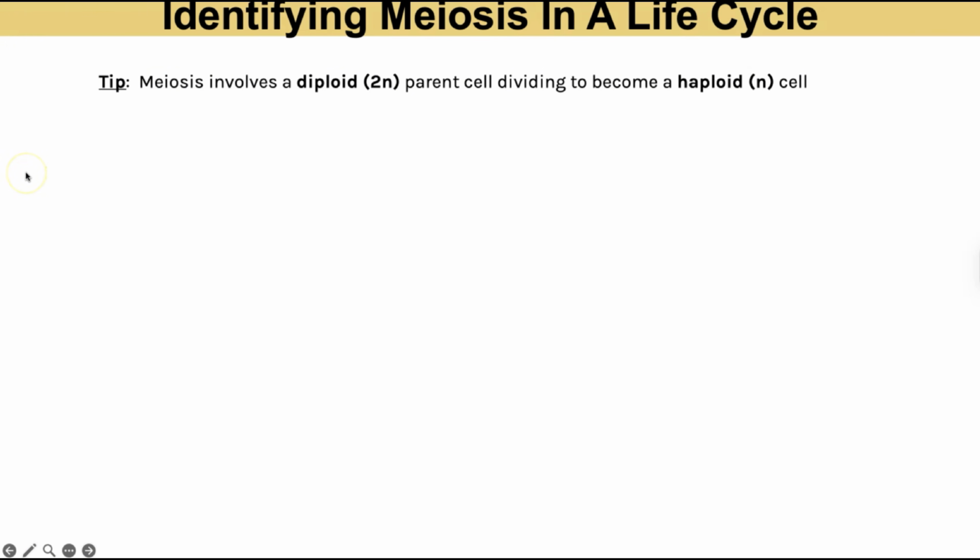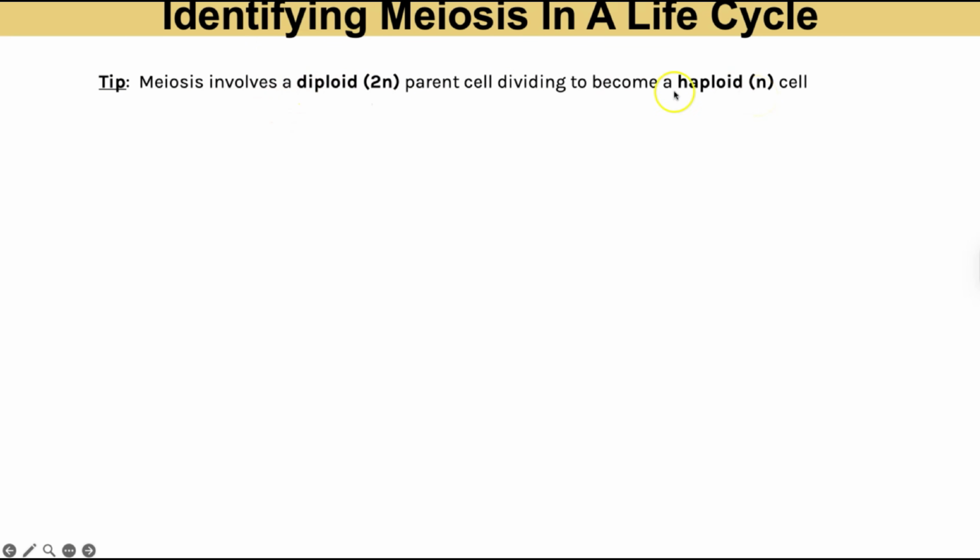You could also be asked to identify where meiosis is happening within an unfamiliar life cycle. And the key thing here is don't look for where gametes are made, because for some organisms, meiosis isn't making gametes. So instead, what you need to look for is where you go from having a diploid cell to a haploid cell.